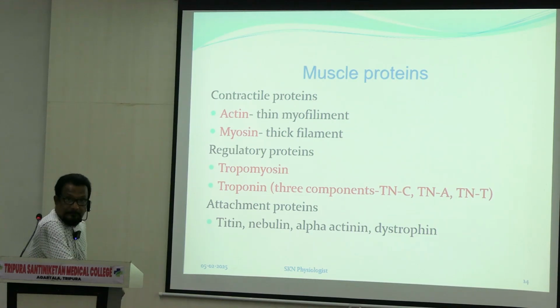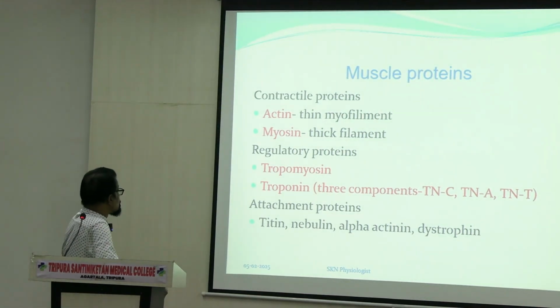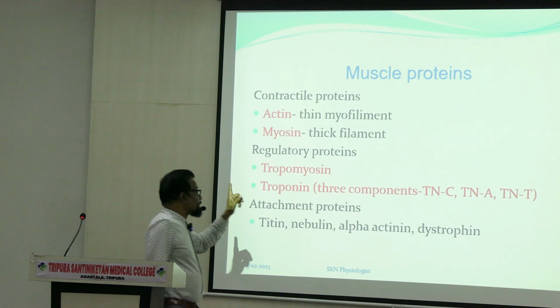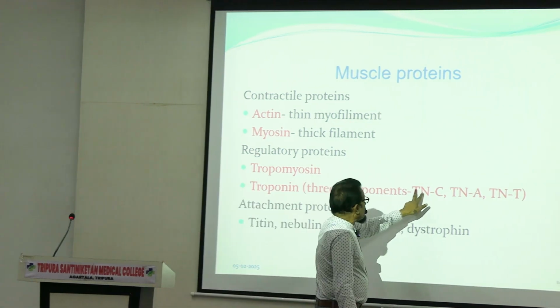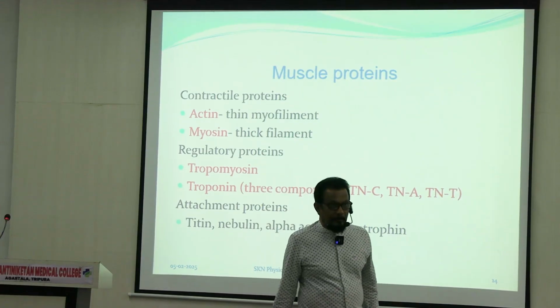So there are several muscle proteins. There are actin and myosin, and there are some regulatory proteins, tropomyosin and troponin. Troponin has three components. One is TnC, or TROP-C.